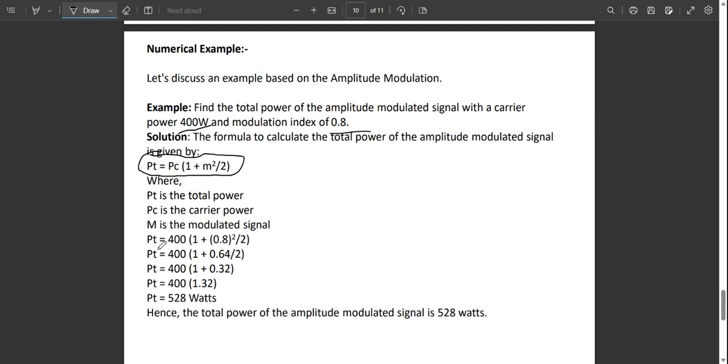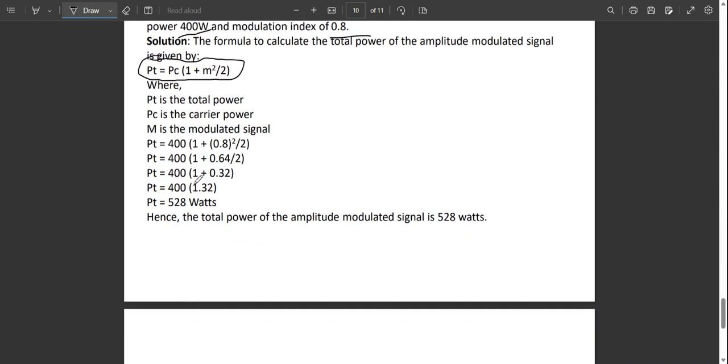So Pt equals 400 into (1 plus 0.8 square by 2). That is 0.64 by 2 equals 0.32. So Pt equals 400 into (1 plus 0.32), which is 400 into 1.32, equal to 528.